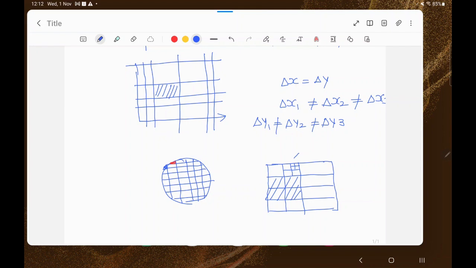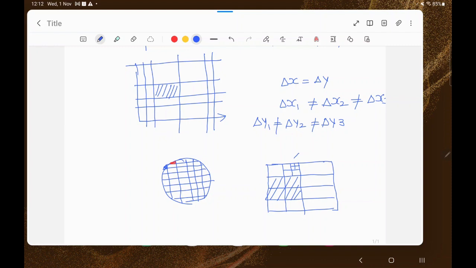What does that mean? That instead of doing my solution for 4 cells, I am doing only for 1. So I have reduced the number of calculations. Because the total time taken will depend on what? The number of cells. So if I reduce the number of cells, my overall simulation time will go down.